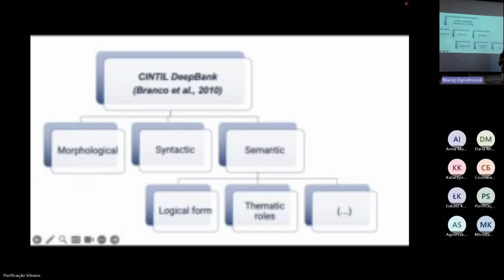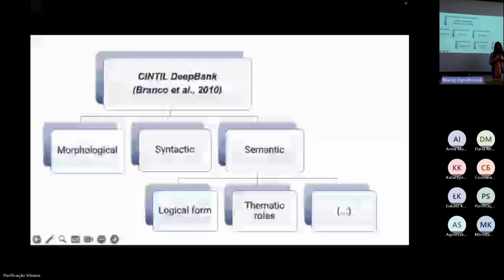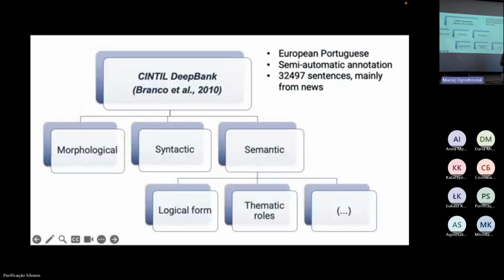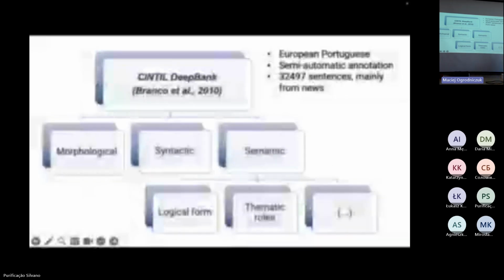And for Portuguese, there are not many, as it may happen with Polish also. There is this one, the Sintética Deep Bank. It's mainly annotated with semantic role labeling, but once again, it lacks some annotation of information that is relevant to characterize narratives.